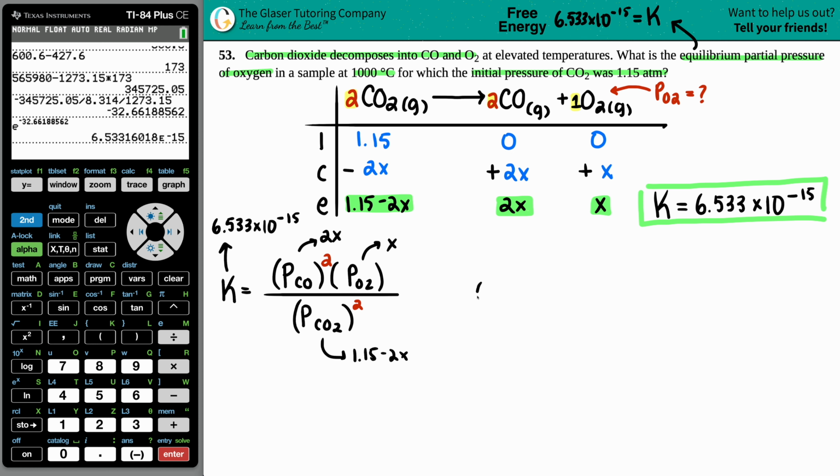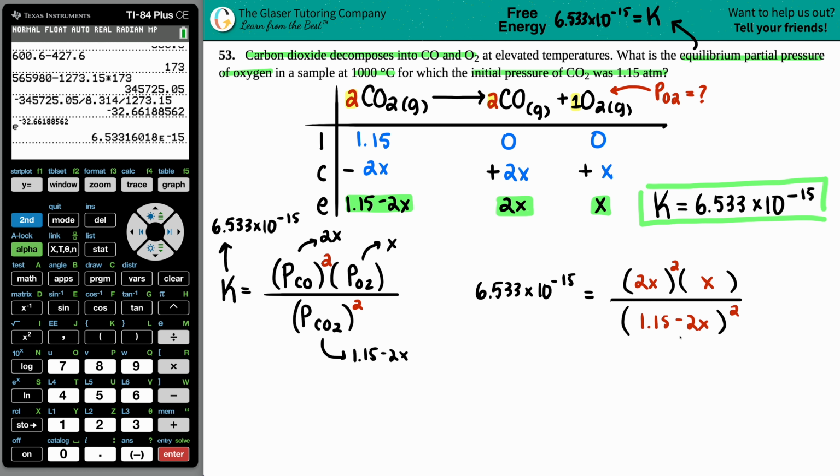So 6.533 times 10 to the negative 15th equals, let's see, I have two parentheses here, one value on the bottom, squared, right? So we have 2x, and that's squared. And then this is just times x, and this is 1.15 minus 2x, and that's also squared.